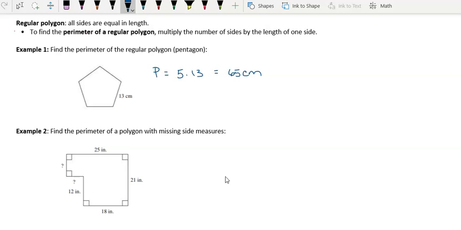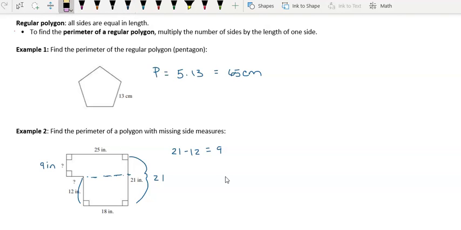So you can kind of say, if I drew a line straight across right here, then if this whole side right here is 21 inches and this side over here is 12 inches, then we could say 21 minus 12 is going to give us 9 inches. So that means what's left over here is 9 inches. We're going to do the same thing for this missing one here.